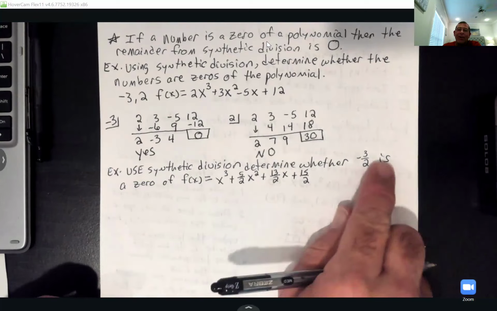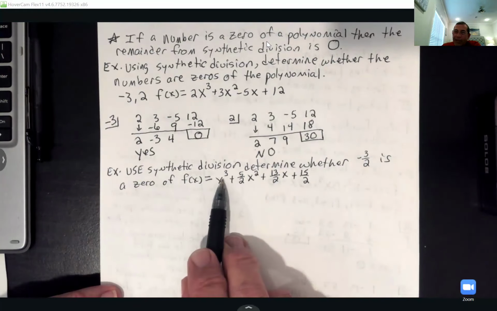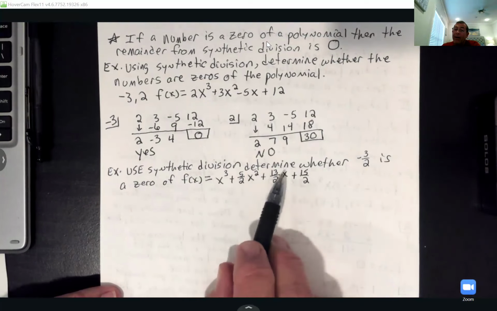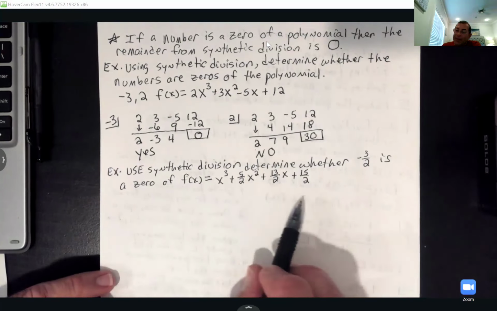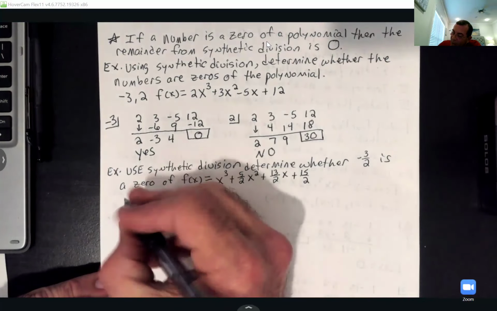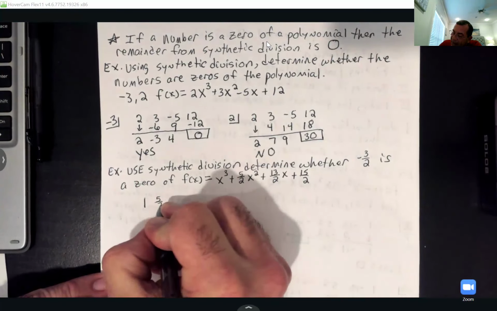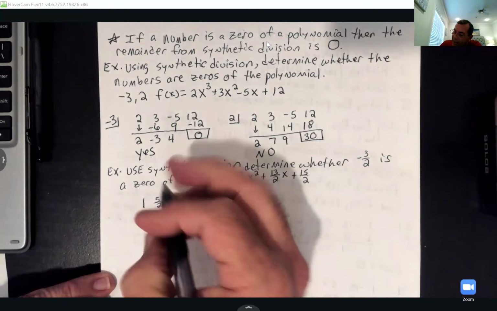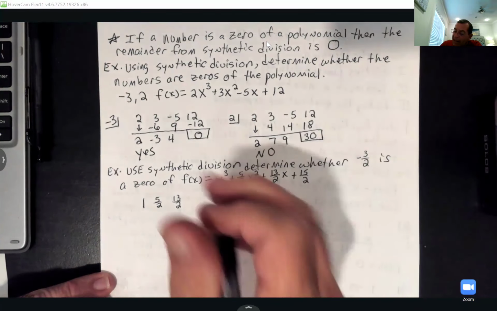So look at that. I got fractions running everywhere on this one. So let's see. I got my x to the third, I got my x squared, I got my x, and I got my number at the end. So nothing's missing. So we're going to write a 1 for the x cubed, 5/2, 13/2, and then 15/2.